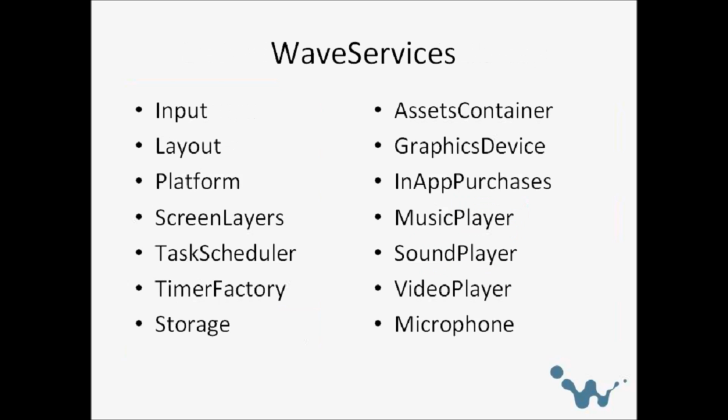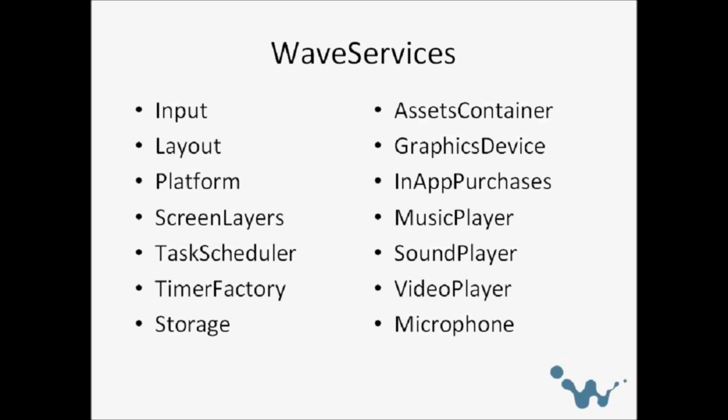So the last slide before giving the step to Javier is that WaveServices is a namespace we are providing with WaveEngine that allows access to some particular configuration of each device.